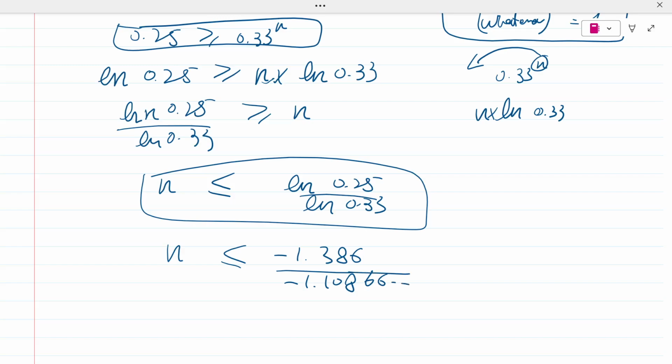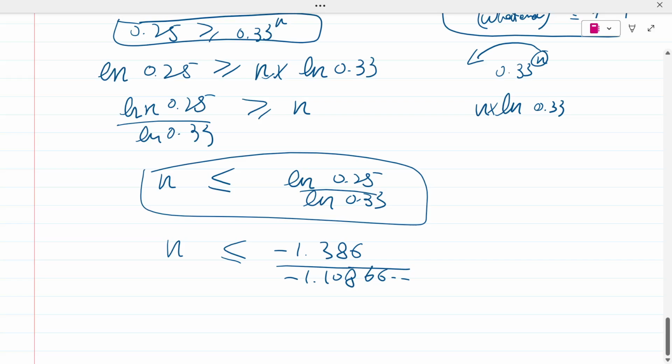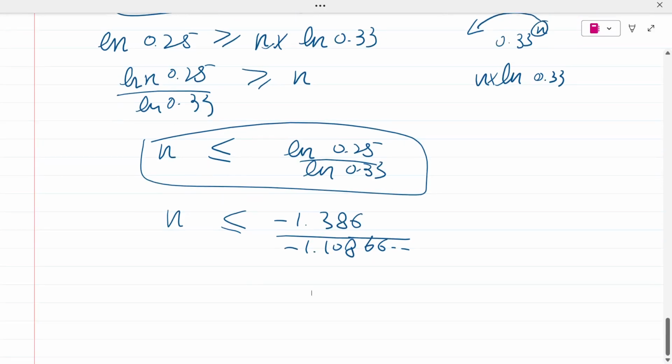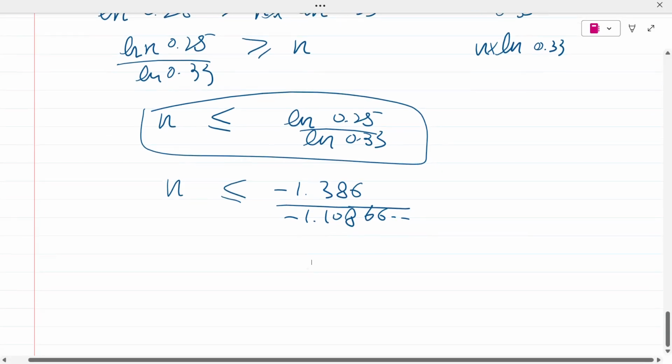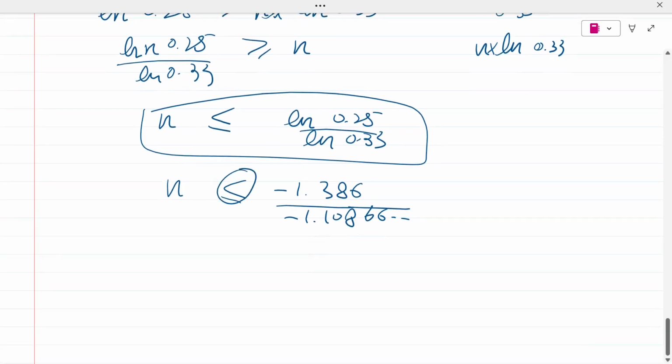Now you do know one thing. In simple inequalities, every time you divide by a negative number, the sign changes, right? This sign changes. So this is how you're going to write it now. Let me just plug it into my calculator once again. ln 0.33. The answer is going to be 1.25.